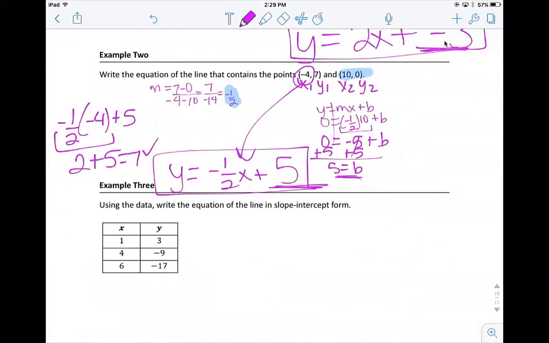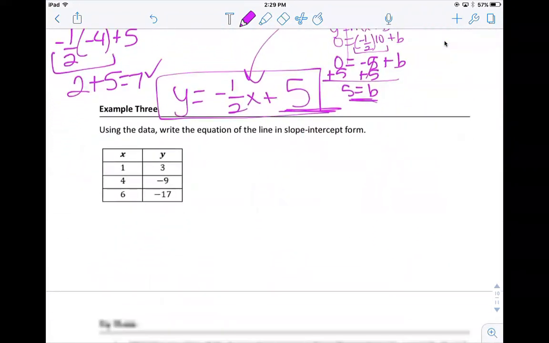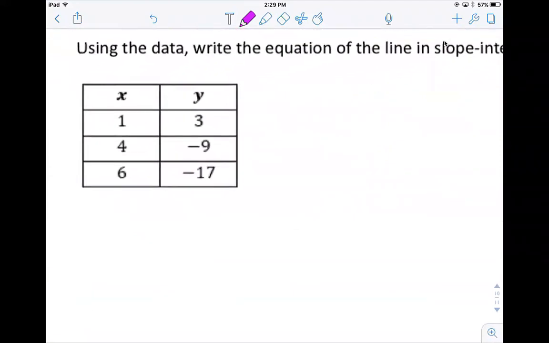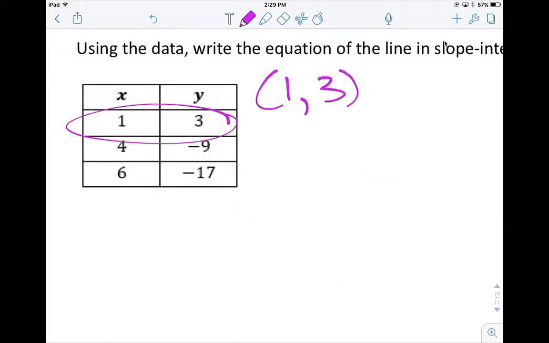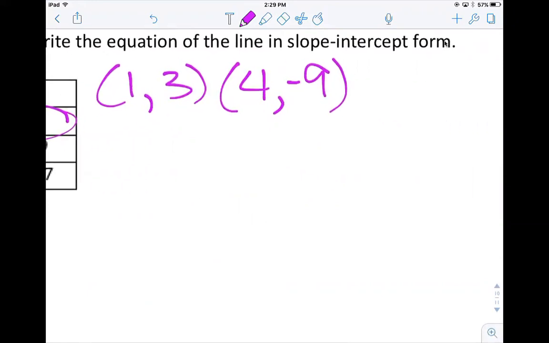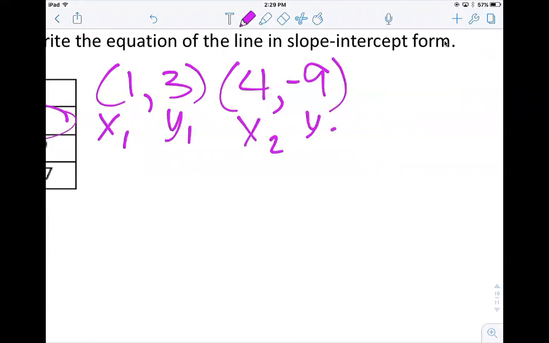So example 3 is doing the same thing, but now we're given a table. So you are going to pick your ordered pairs. So let's pick the first one. So that's (1, 3). And then the second one is (4, -9). So we are going to find our slope. Remember, it's x1, y1, x2, y2.